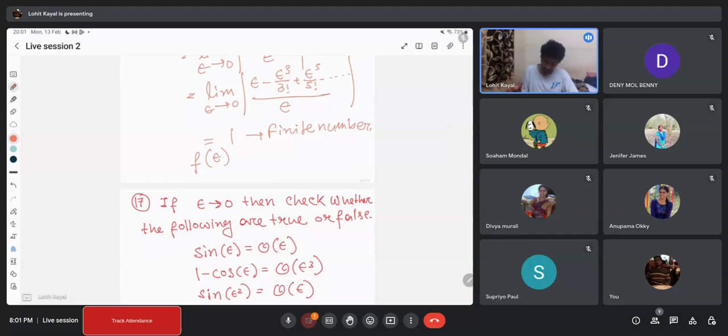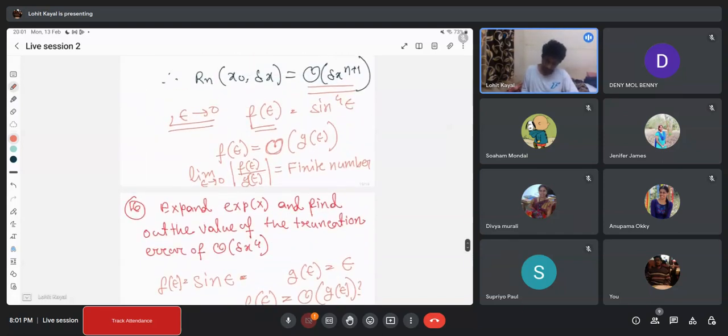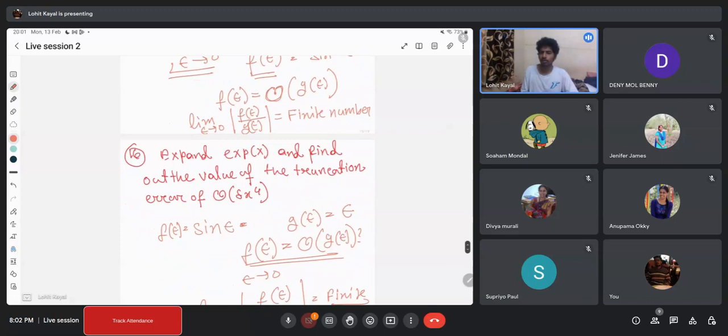I hope the idea of order is clear to you so far. If you have a doubt, definitely ask me. Let's go through it once again. We can say that f epsilon is of order of any other function g epsilon, when epsilon tends to 0, if the absolute value of f epsilon by g epsilon is a finite number.